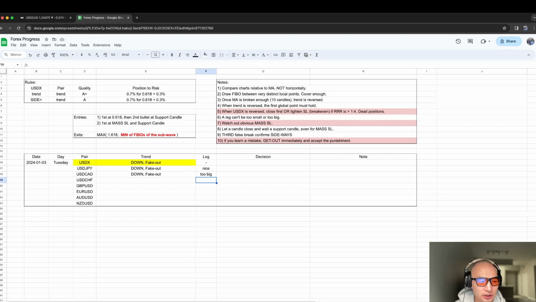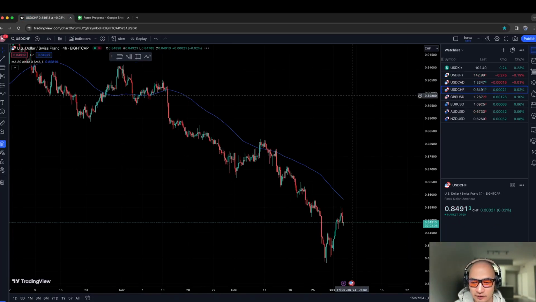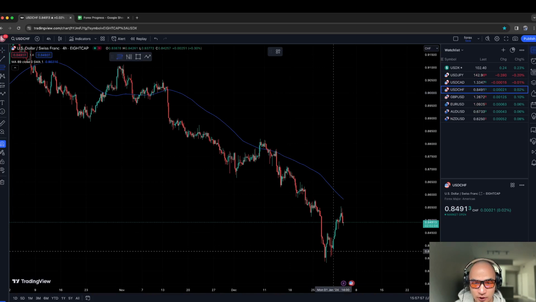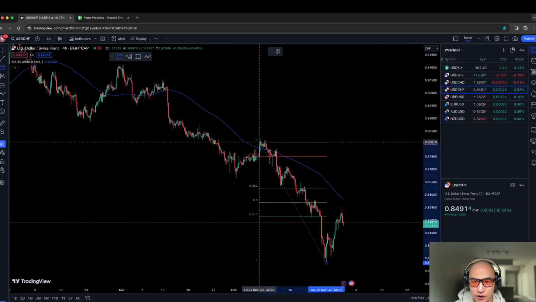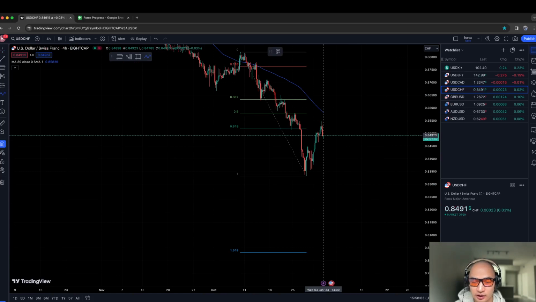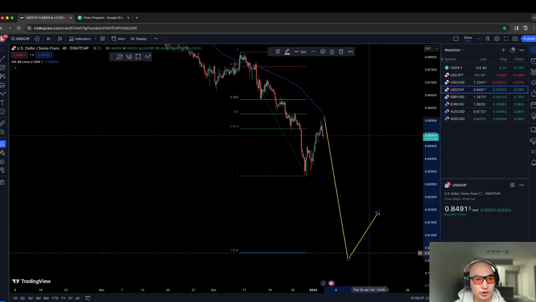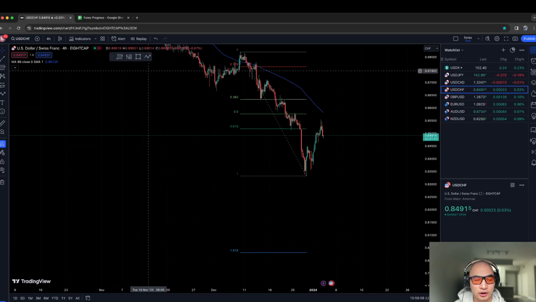Okay. Now let's analyze the USD Schweizer franc. You see again the last directional wave is too big. So I don't expect the market to fall down like this. It's just too much movement to expect from a market.